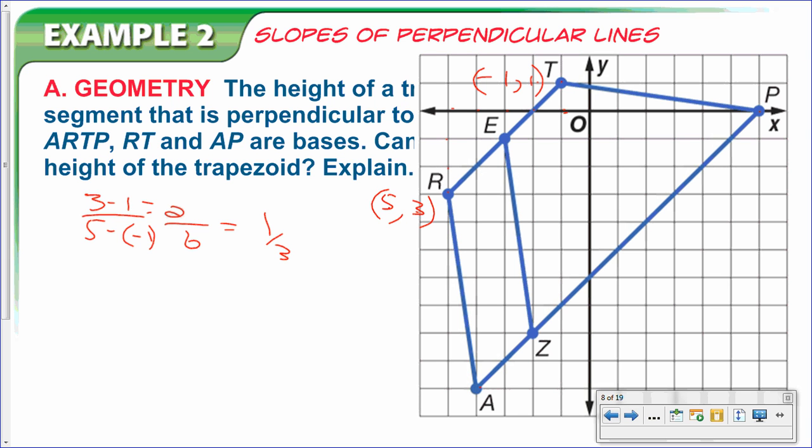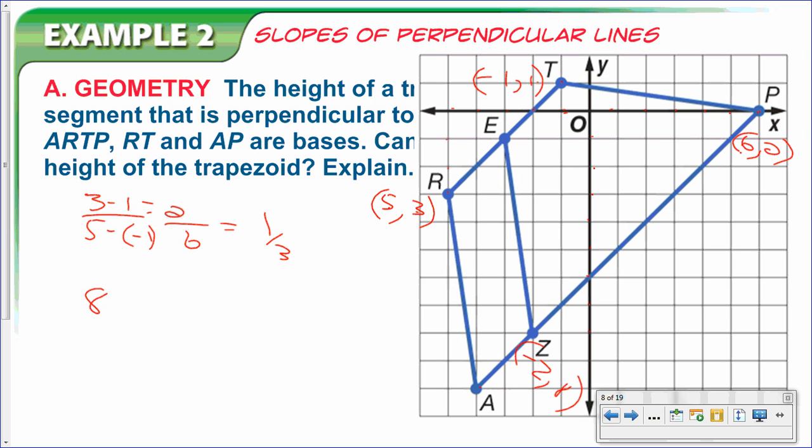What's the point for here? 6 and 0. And then the point for this one would be -2 and 8.